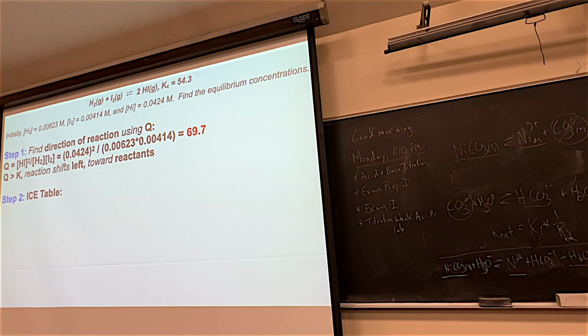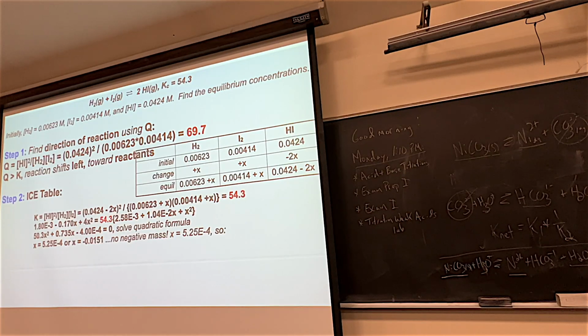So when Q is greater than K, that means your products are going to go down, and the reactant values are actually going to go up. So that's one reason why this problem is just a lot of fun.